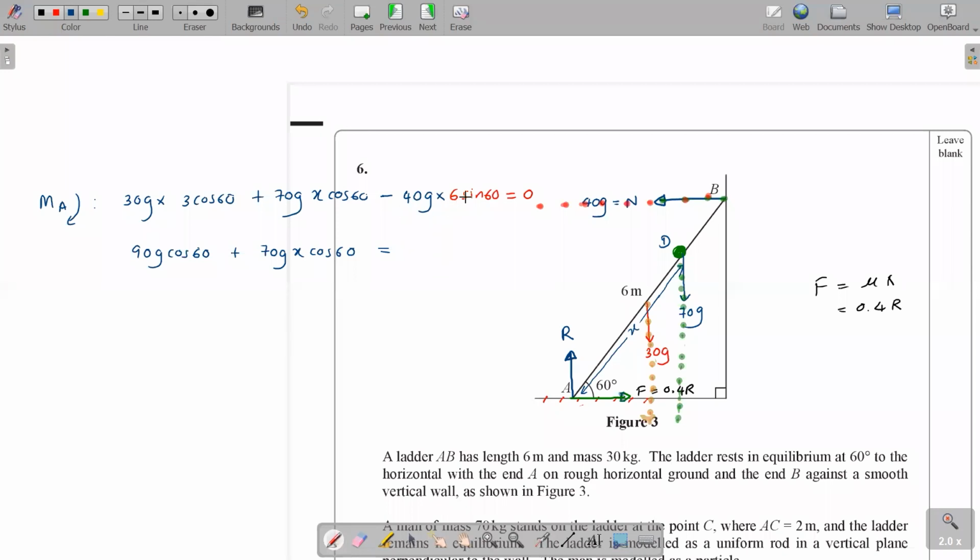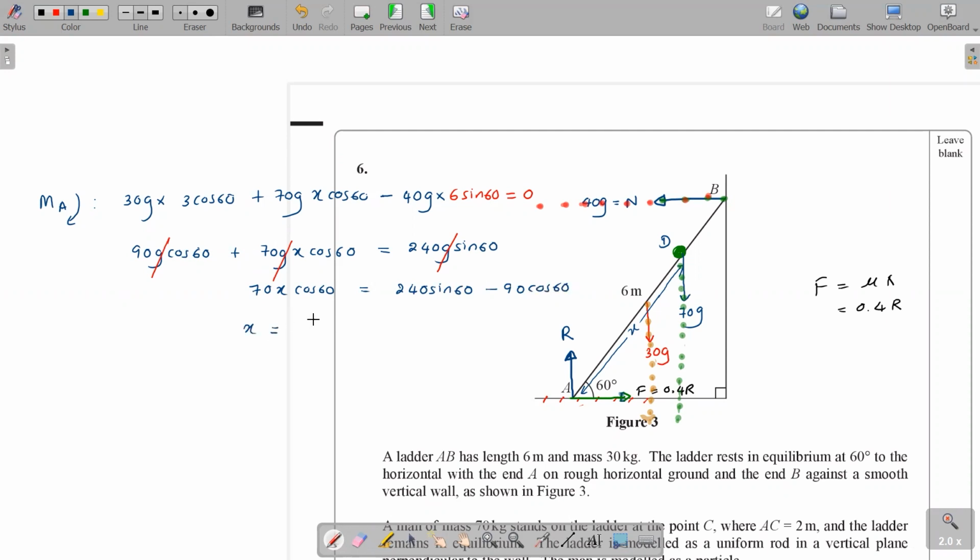Minus 40 into 6 is 240G sin 60. So G will cancel out, and we just need to make x the subject. So 70 times x times cos 60 is equal to 240 sin 60 minus 90 cos 60.